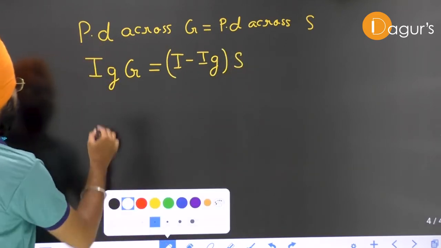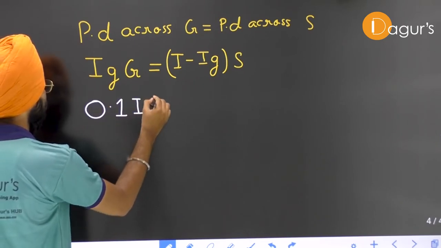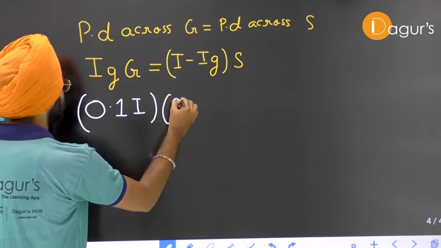Now, what is Ig? We have seen that this is 10%, so 0.1 into I. G was 99 ohm.